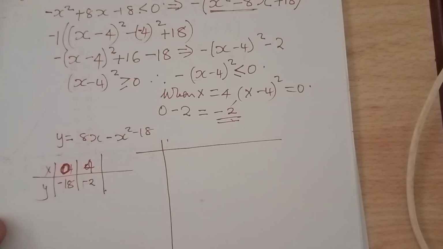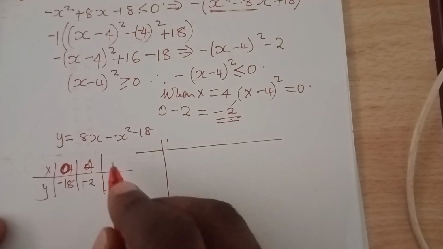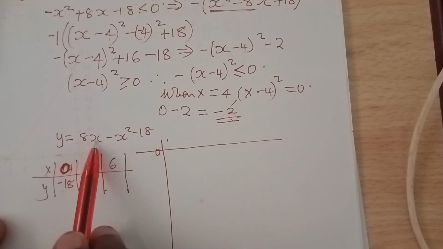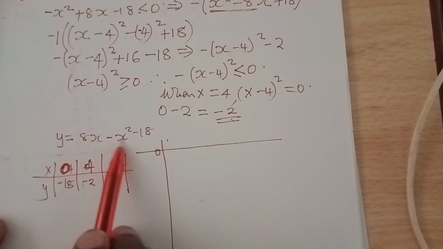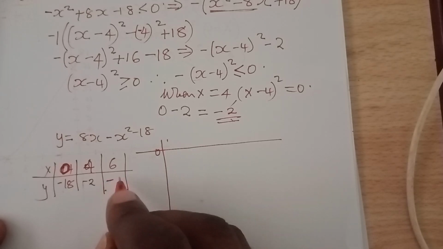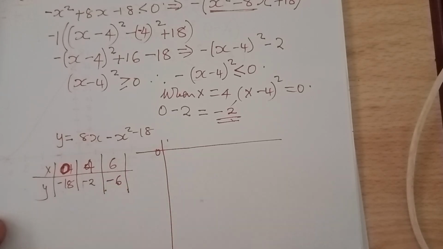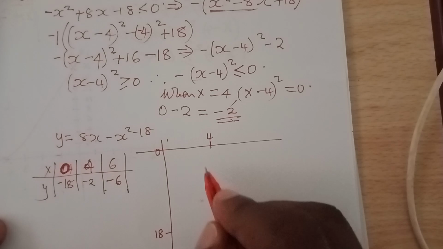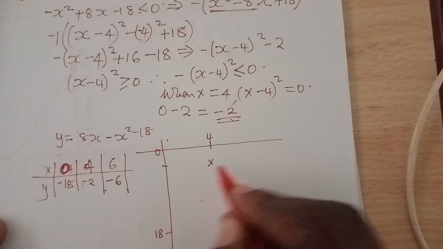What about when x is, let's say, 6? When x is 6, this is 8 times 6, 48. 48 minus 36 is 12. 12 minus 18 is minus 6. So when x is 0, y is minus 18. When x is 4, y is minus 2.